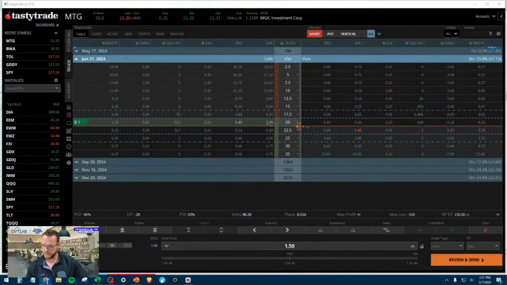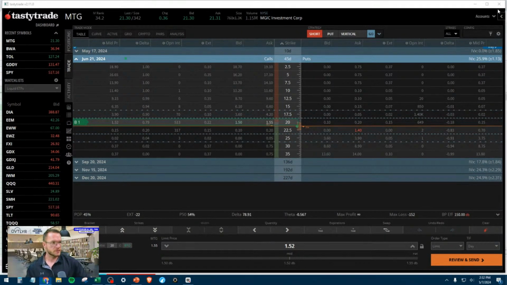And current price is 1.50. Let me see if I can get filled at 1.50. All right, so that's working. So we're buying the June 21st 20 calls. My order's in for $1.50, but I'm not filled yet. Let me up that. I'll go 1.53. Okay, I'm filled. 1.53 was my fill price.